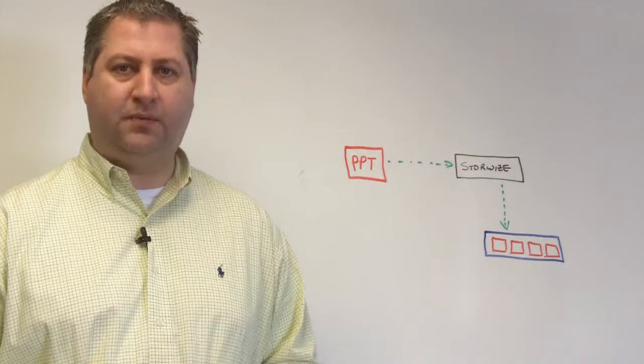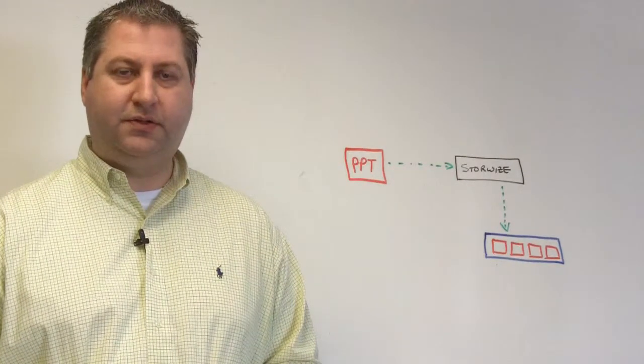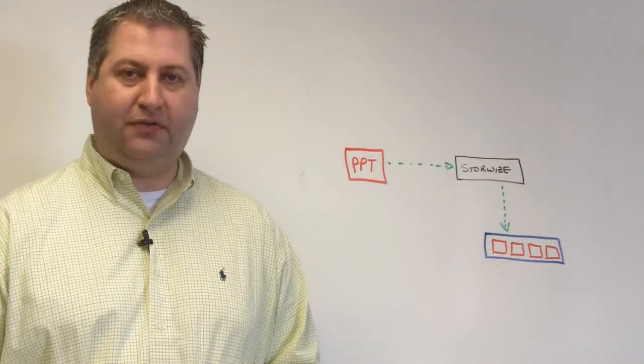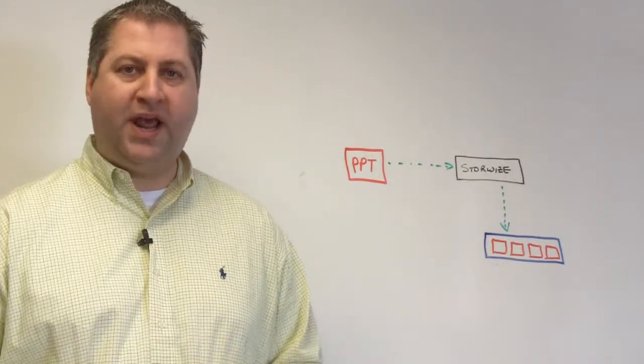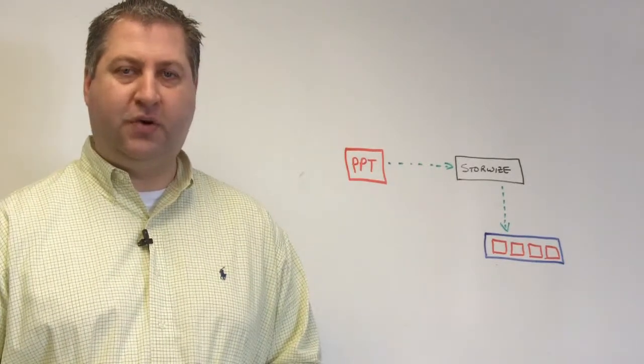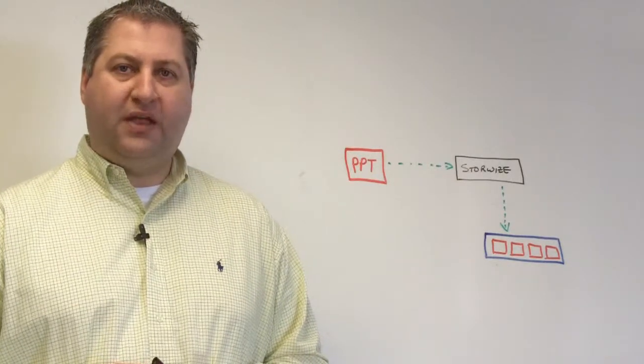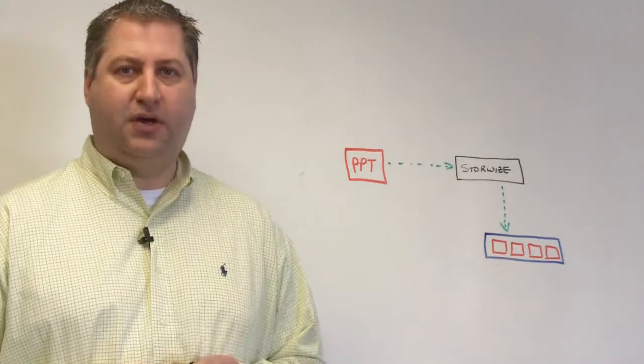So let's take an example. Let's take a 384 kilobyte PowerPoint presentation, and you'll understand the number here in a second. And let's assume we're in an NFS environment, and let's assume we're getting a 4:1 compression ratio on this particular PowerPoint file. So with NFS, it writes in 32K chunks, right?